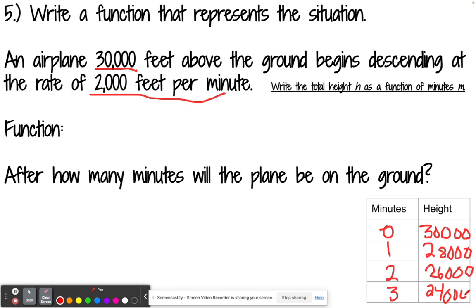So you can see my change in y over change in x pattern will be 2,000 over 1, or 2,000. So my height will equal, notice it's descending, it's minus 2,000. Going down 2,000 feet for every minute.